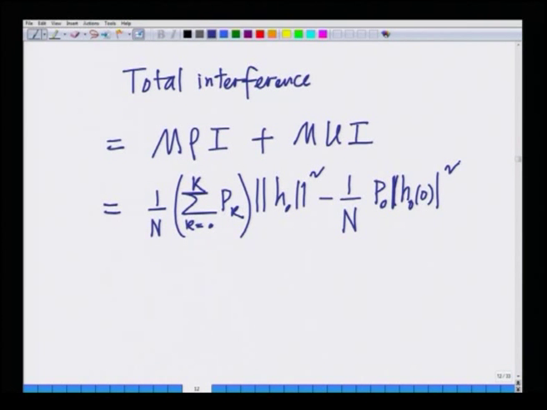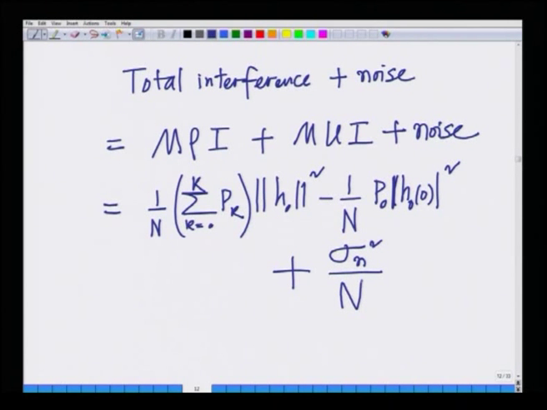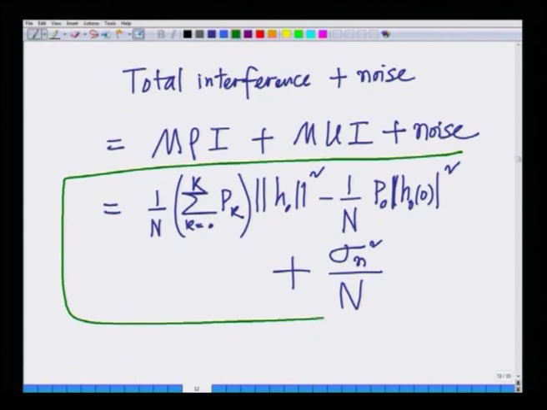Plus, if I want to look at total interference plus noise, let me also add noise: MPI plus MUI plus noise, and we know noise is nothing but sigma n square divided by n. Hence, this is the total interference power.